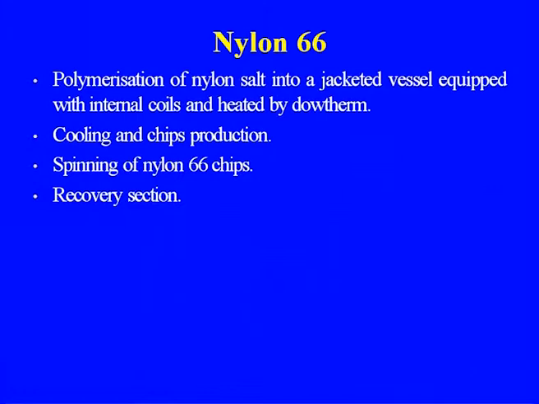Polymerization of the nylon salt takes place in a jacketed vessel equipped with internal coils and heated by Dowtherm, then cooling and chip production. Then comes spinning of the nylon 66, where here also we have melt spinning and the recovery section.